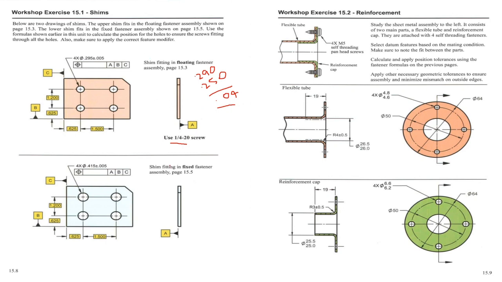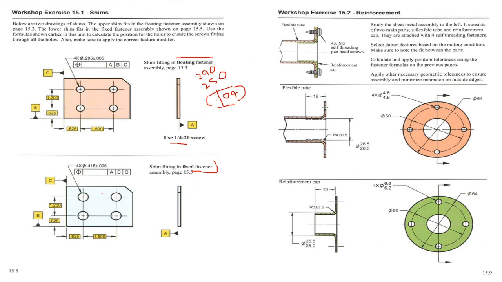There are two types of fastener cases. This one is the floating fastener case, and in this case we divide this tolerance between the hole and the threaded hole. So 0.02 clearance for the hole and 0.02 tolerance for the fastener. We divide equally. And in the case of fixed fasteners, we go with 60-40%, or sometimes 70-30%.